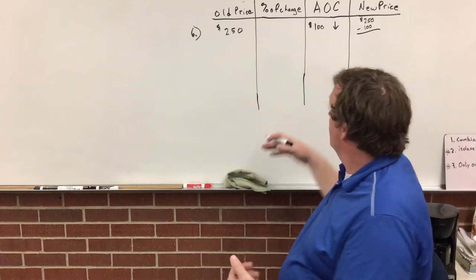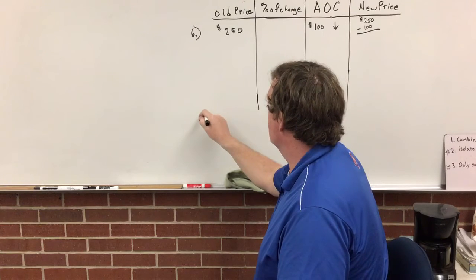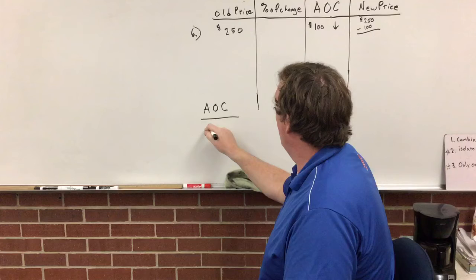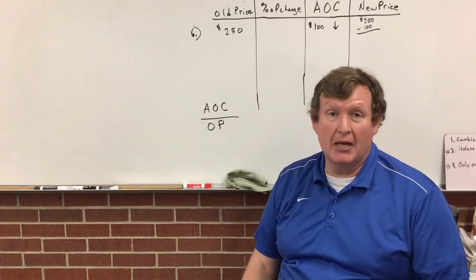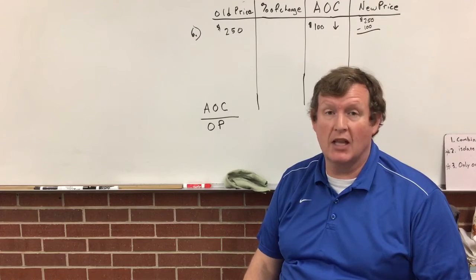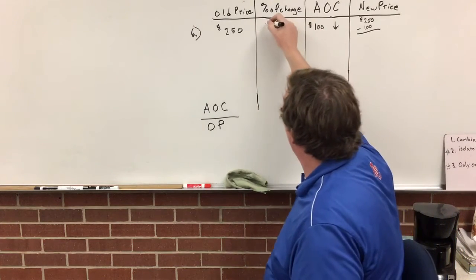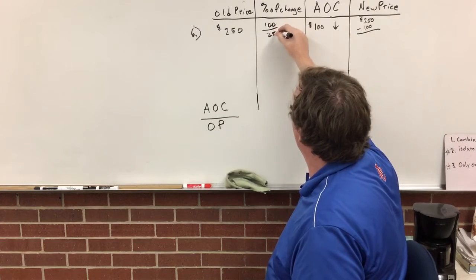Then all we have to do to find the percent of change, if we remember our formula for percent of change, it's the amount of change over the old price or the old amount, based on what we talked about in previous lessons. So take the amount of change and divide it by the old price. I've set up that problem for you.